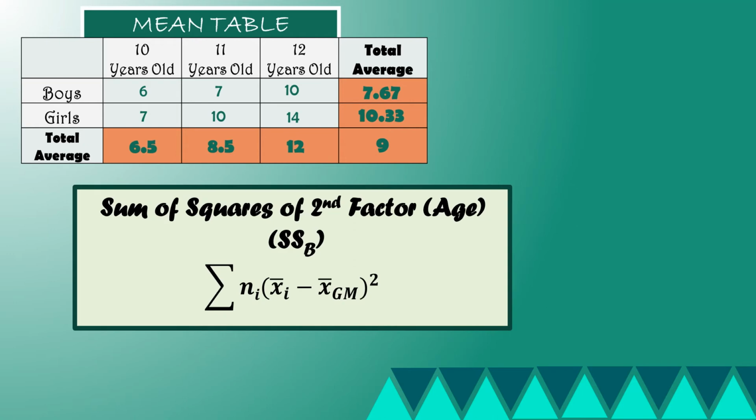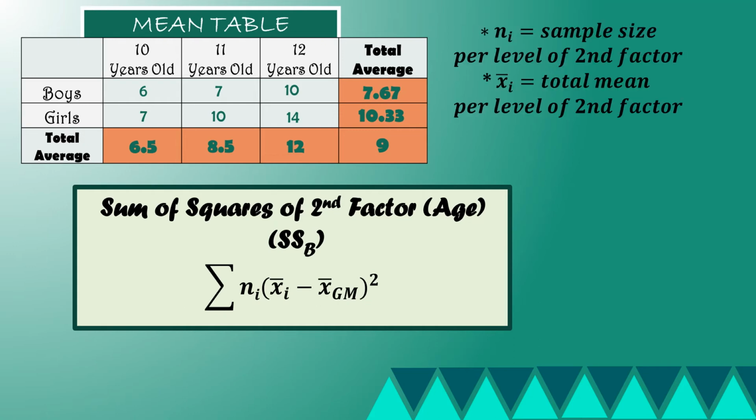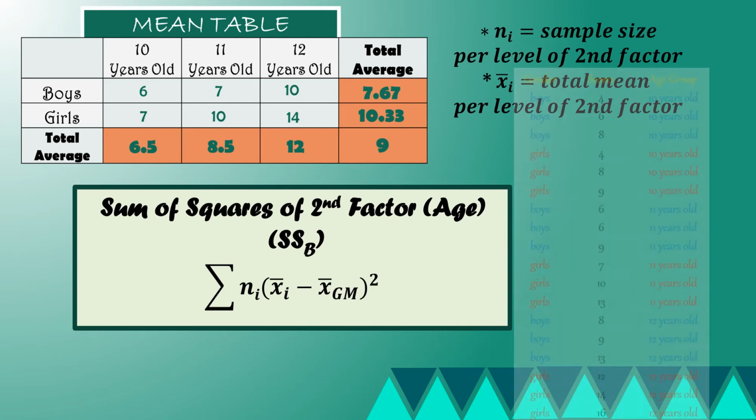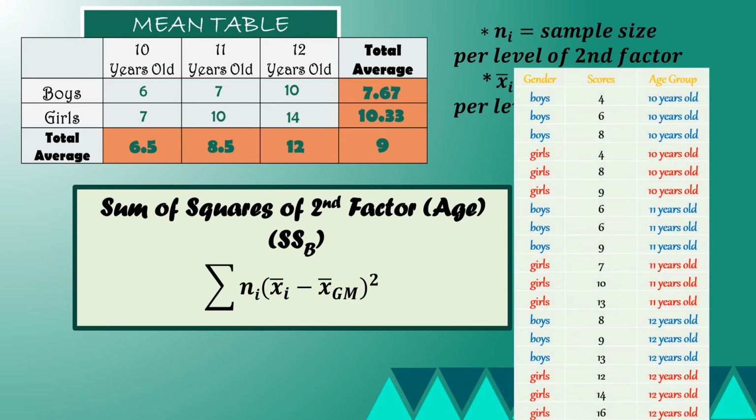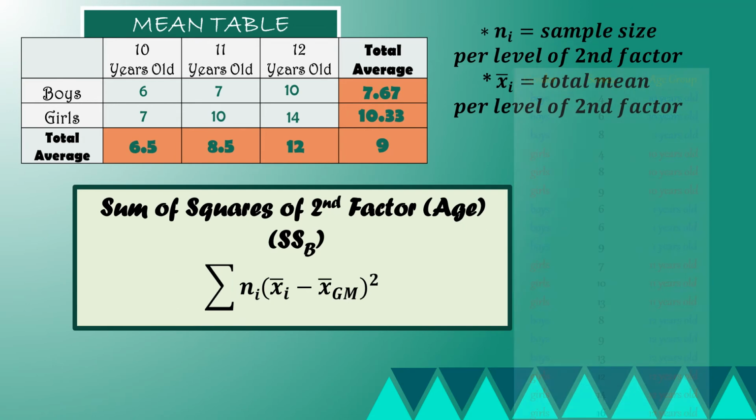For the sum of squares of the second factor, we have the formula: summation of n sub i multiplied by mean sub i minus grand mean squared, where n sub i is equal to the sample size per level of the second factor. In the age group, we have 6 10-year-old students, 6 11-year-old students, and 6 12-year-old students.